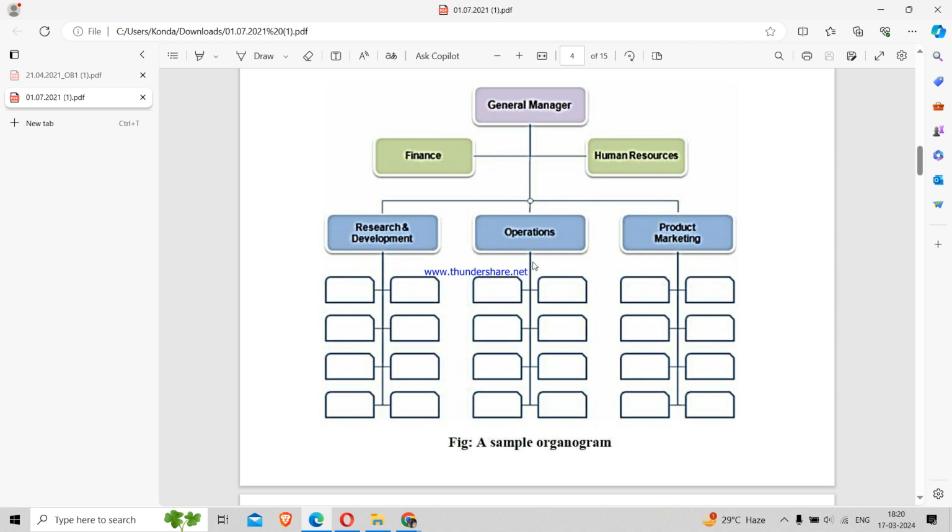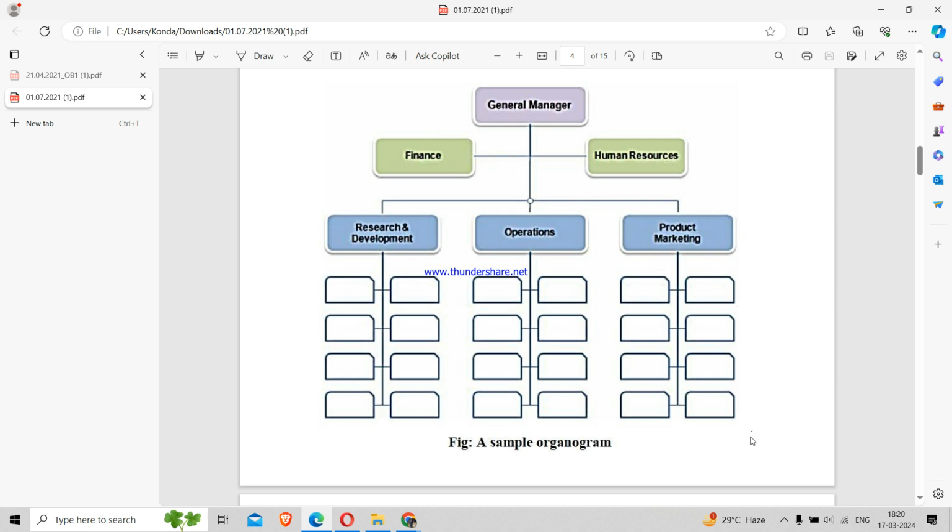This particular sector will report to the operations team, and this particular team is going to report to the product marketing team. And as these three are the heads of the three individual teams, they will report to the finance and human resource team, and this finance and human resource team will report to the general manager.